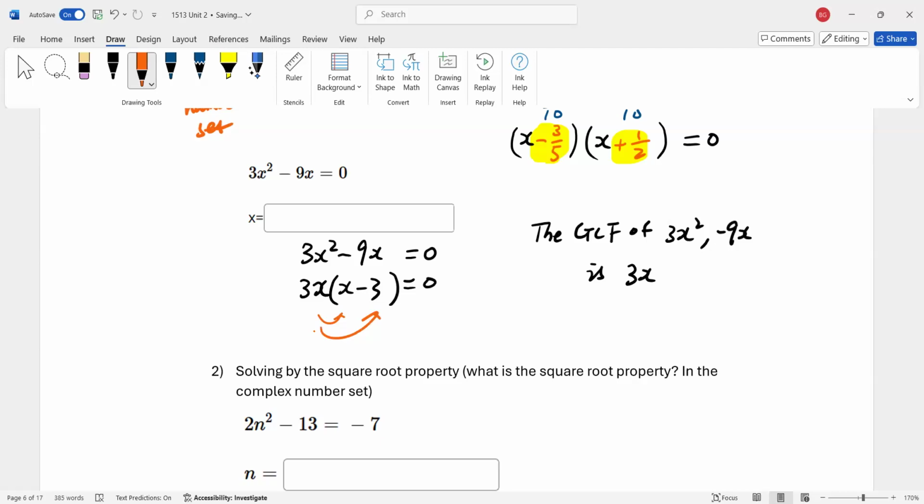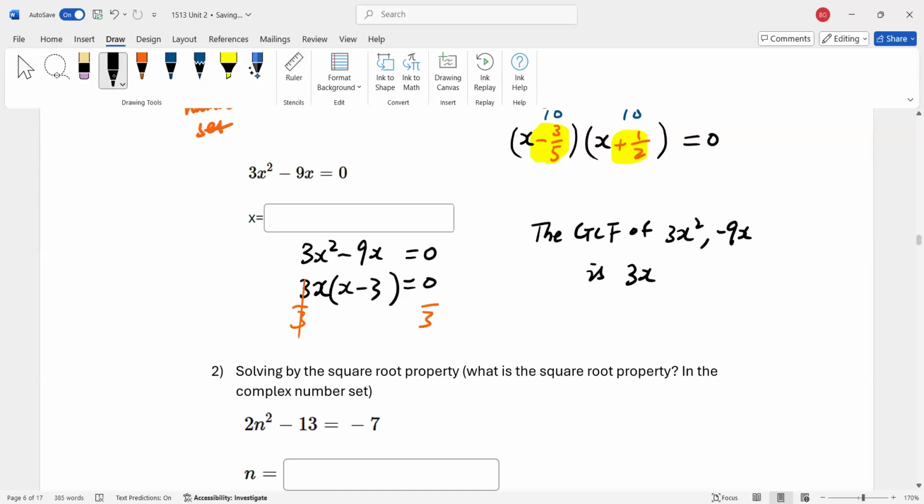Do you agree? Or if you are not sure, you can always double check by distributing, right? 3x times x, 3x squared. 3x times -3, -9x. So that's it, right? And technically, do you think we can get rid of the 3 here? It's not necessary, right? Because if we divide each side of the equation by 3, 0 divided by 3 is just 0, right?